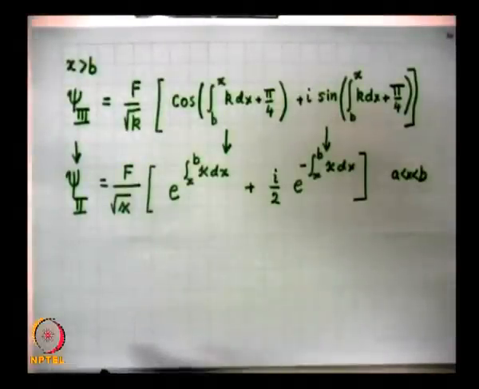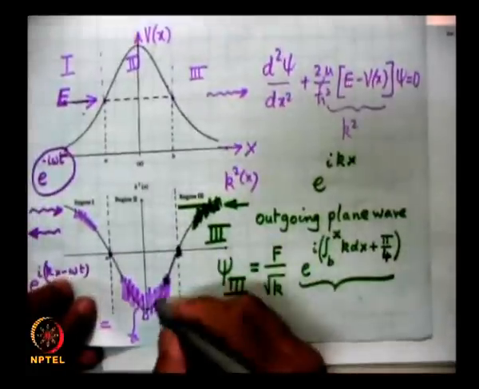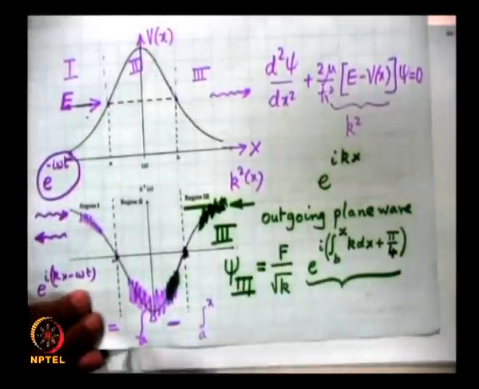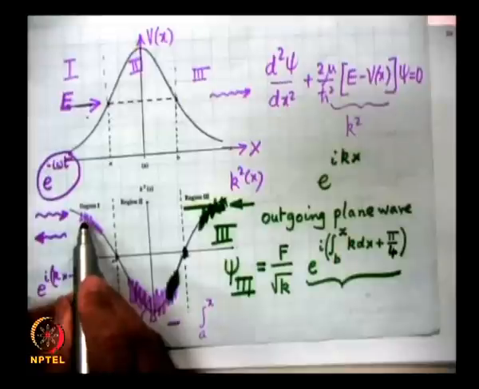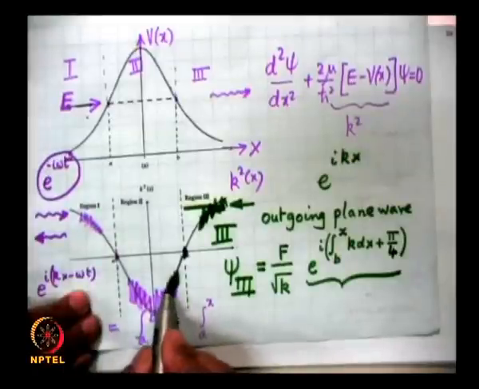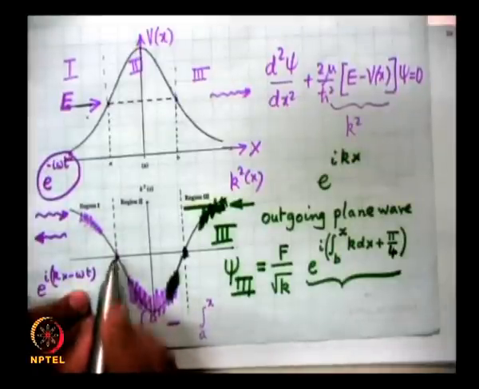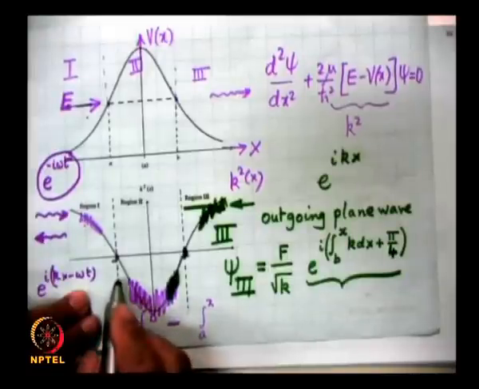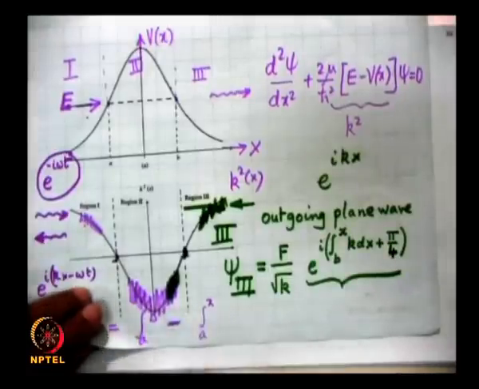Now, we have the solution in this region. We have to now go over to the first region. So, we have to look towards the turning point a and write integrals in terms of a to x.